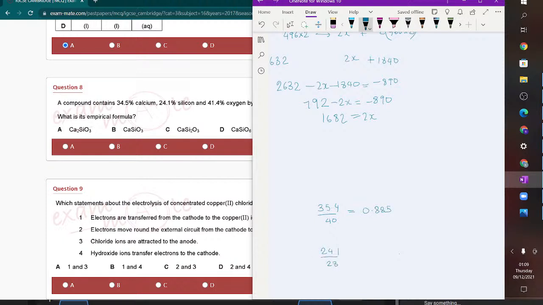24.1 upon 28, that's 0.86, so this is almost the same.